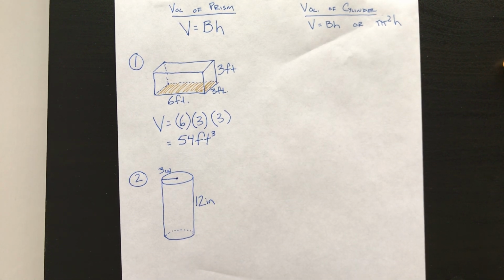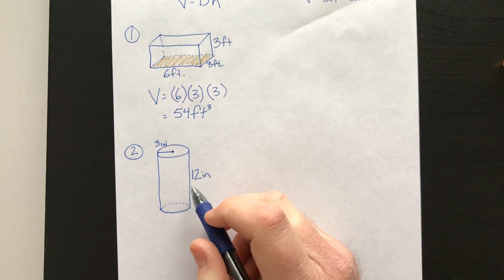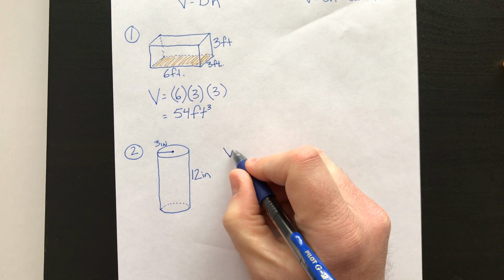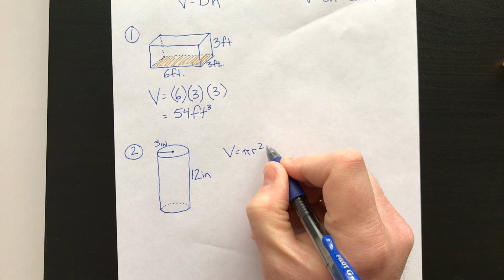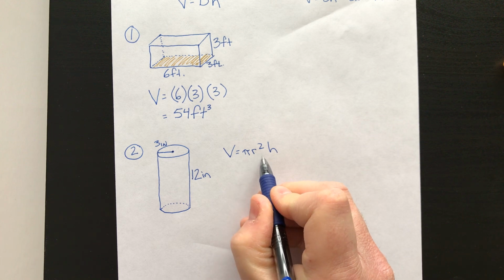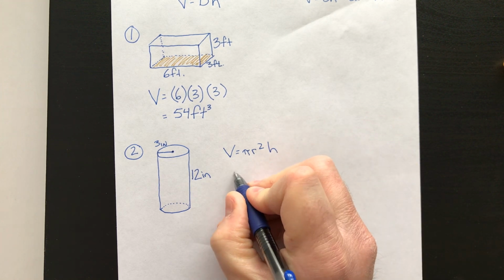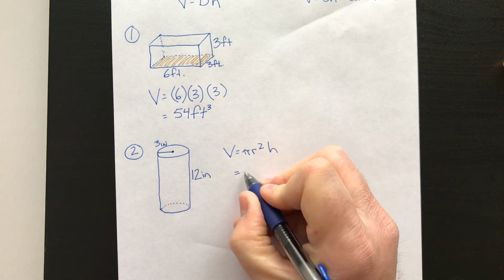So we now need to find the volume of this cylinder. Remember, the volume of a cylinder is the same as a prism. We can write it like this because the base is always going to be a circle. So the area of the base is pi r squared.